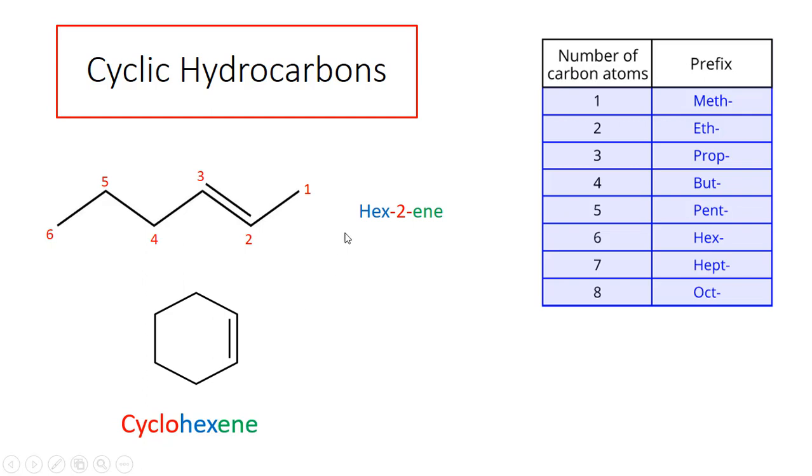So comparing this to a linear hexene, hex-2-ene, if the double bond is on carbon 2 to carbon 3, we can't indicate which carbons the double bond is in between on our cyclohexene because being a ring, there is no start to the molecule, so we don't know where to start numbering the carbons from. So we don't have to indicate a position of the double bond as we do in linear when it is a cyclic alkene.